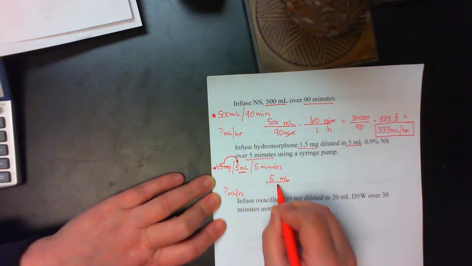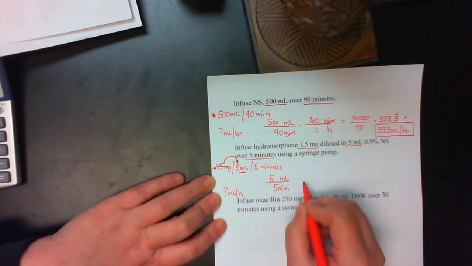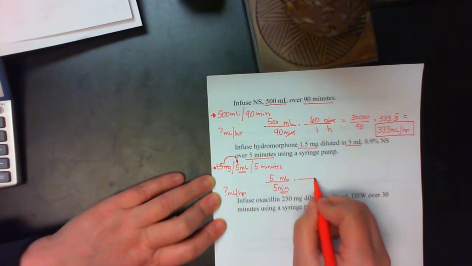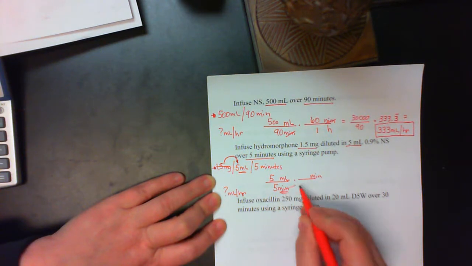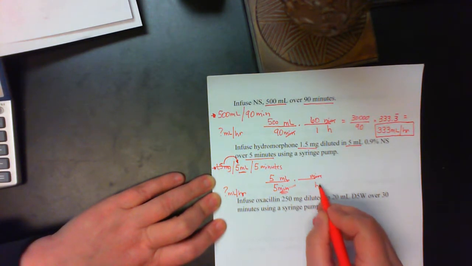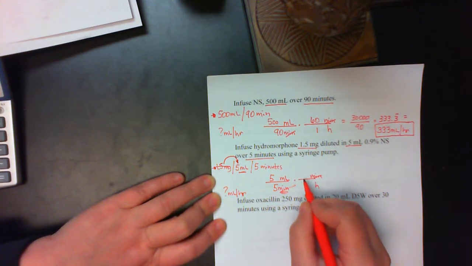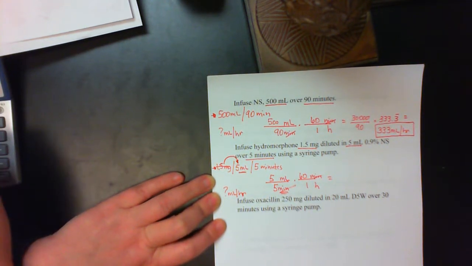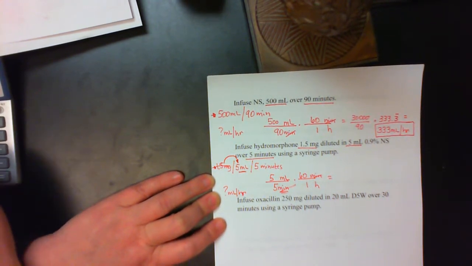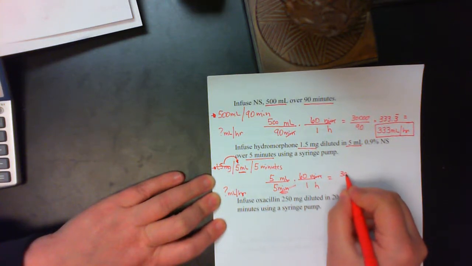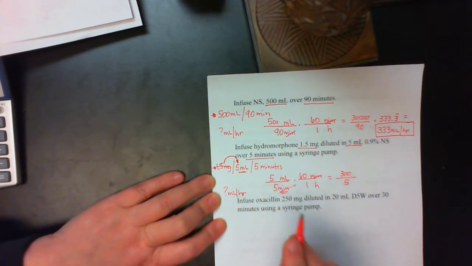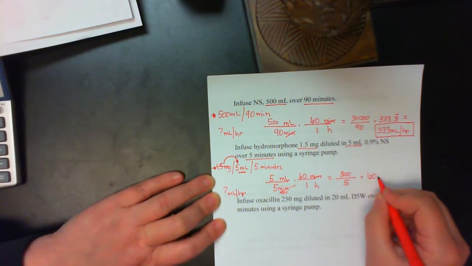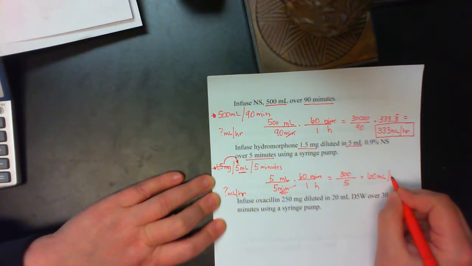So here I'm going to put 5 milliliters over 5 minutes, and then since that's not what we need to end up with, we need to put minutes here in order for our dimensional analysis to cancel out, leading us from minutes to hours. So again, using a known variable would be 60 minutes over 1 hour. Now doing the math, 5 times 60 gives us 300. Then over 5, because 5 times 1, and that is going to give us 60 milliliters per hour.